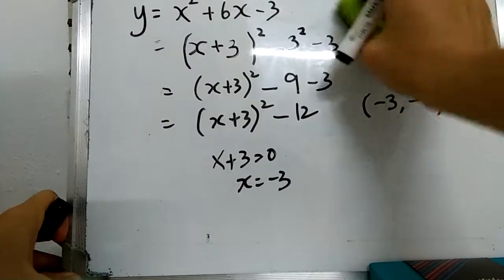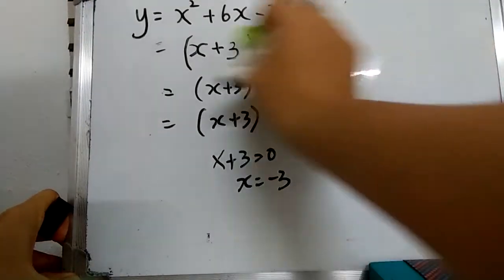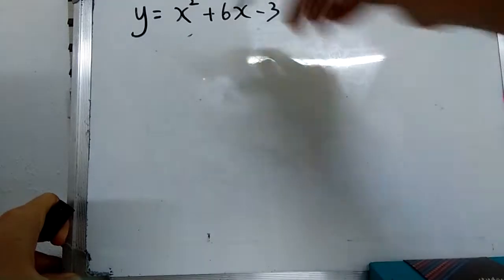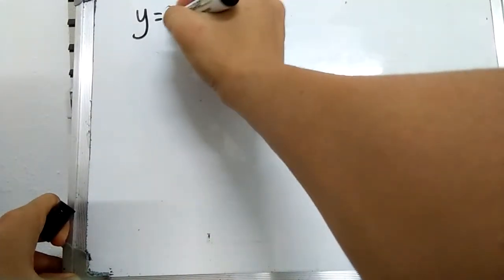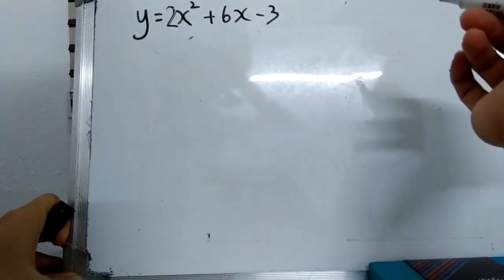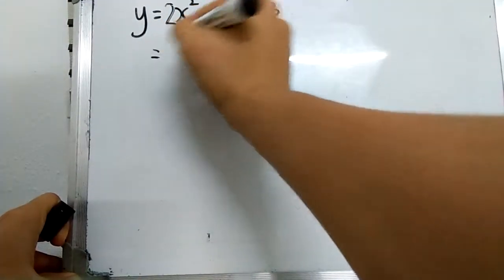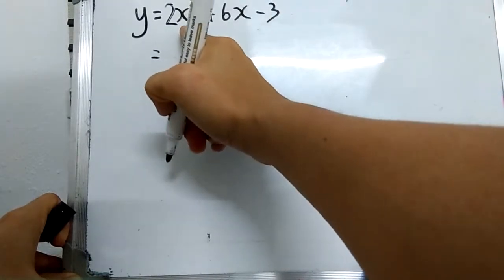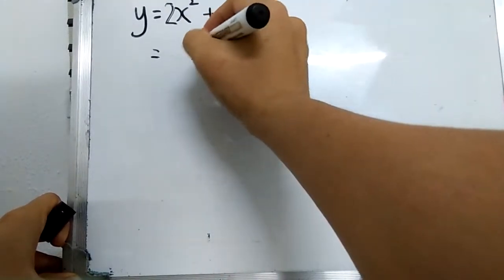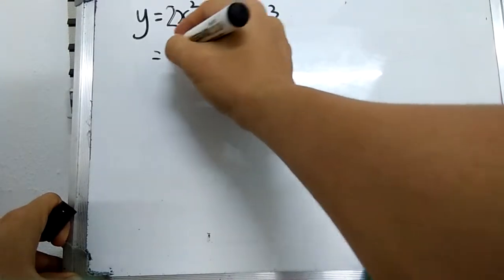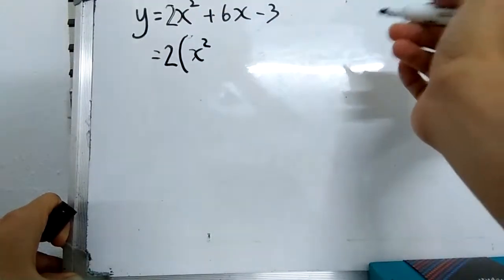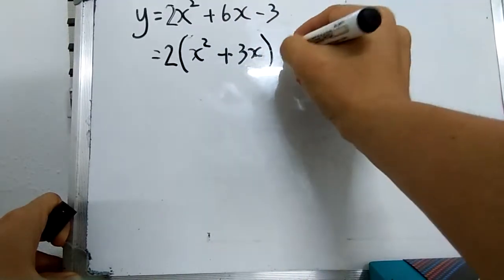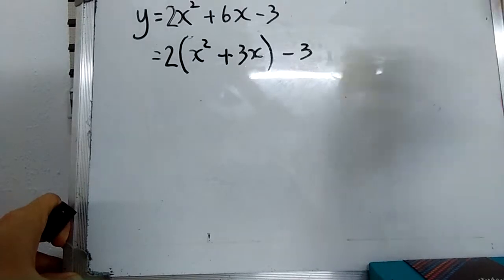Okay, let's do another graph. Say we put 2x squared plus 6x minus 3. First of all, you need to make the coefficient of x squared become 1, and therefore you take out the factor of 2, plus 3x, minus 3, you just copy it down.